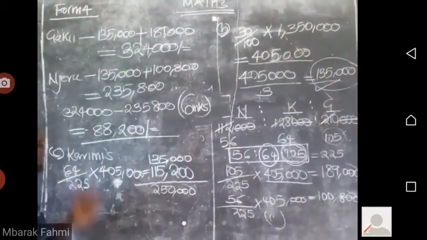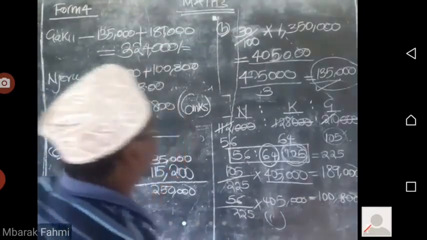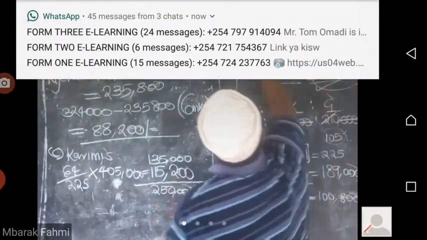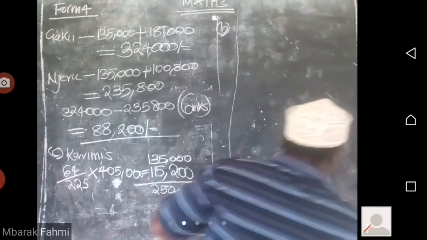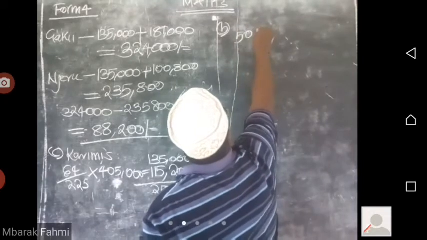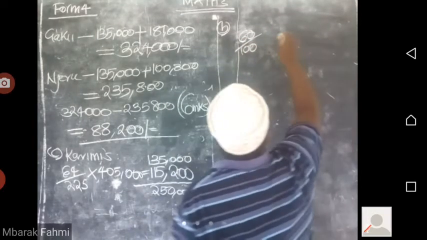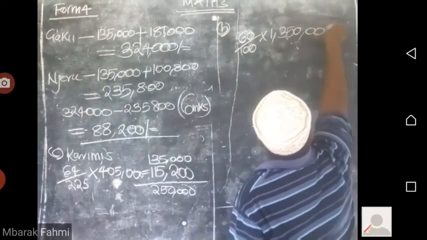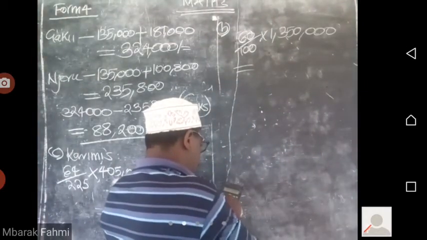Okay? So we need first to get the total amount shared among the 3 partners, which was 60% of 1,350,000, because that was the profit which was shared.